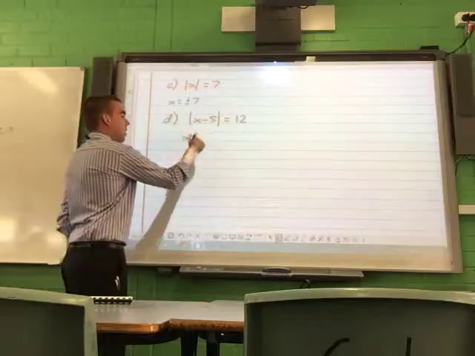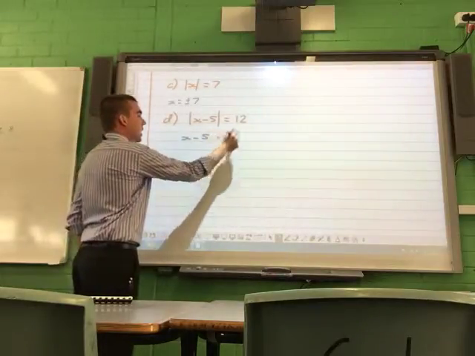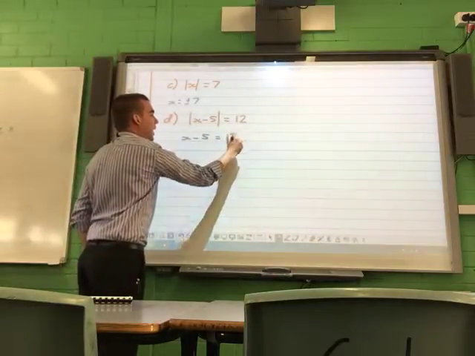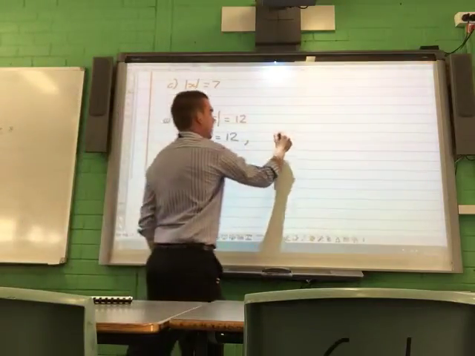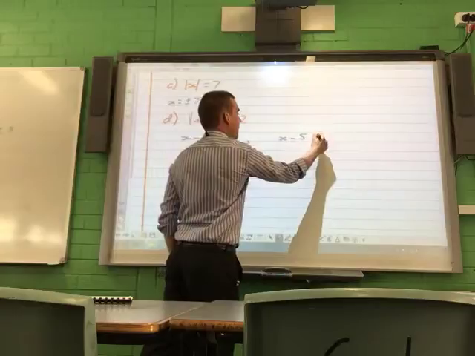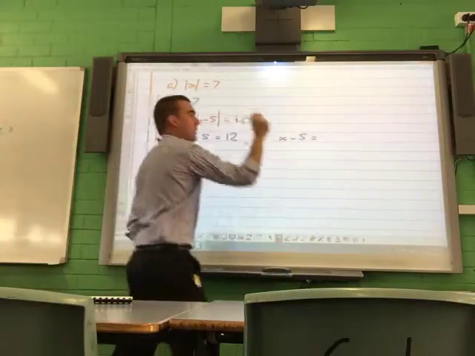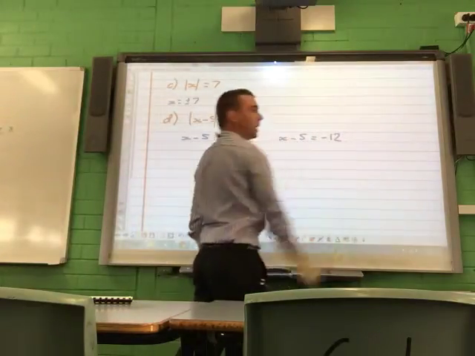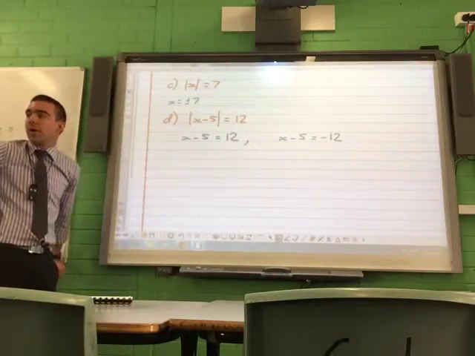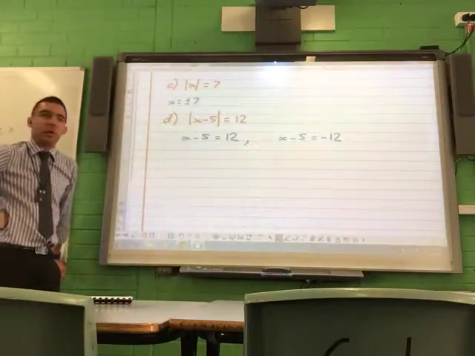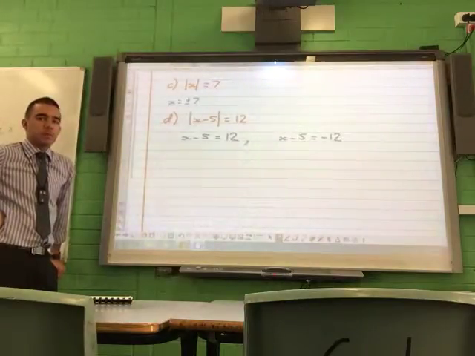So x take away 5 must equal the positive component there, which is 12, and x take away 5 must equal the negative component, negative 12. So there are two possible solutions in most cases of absolute values.